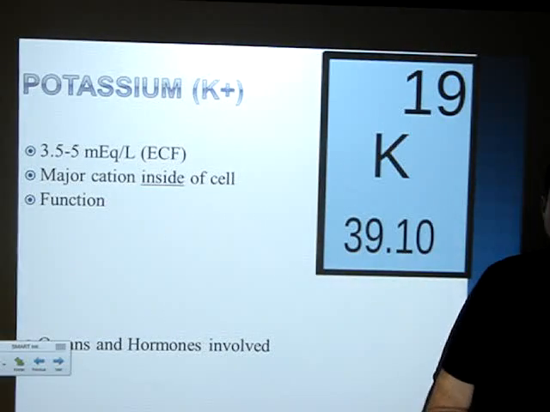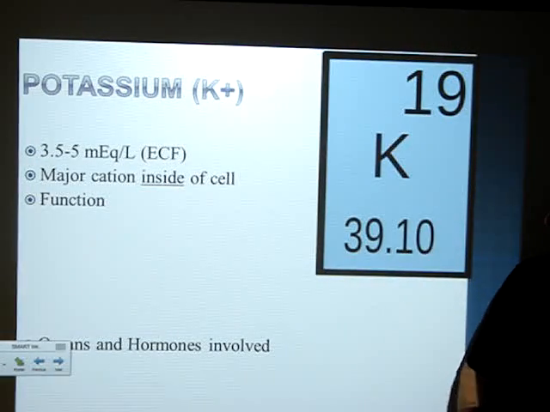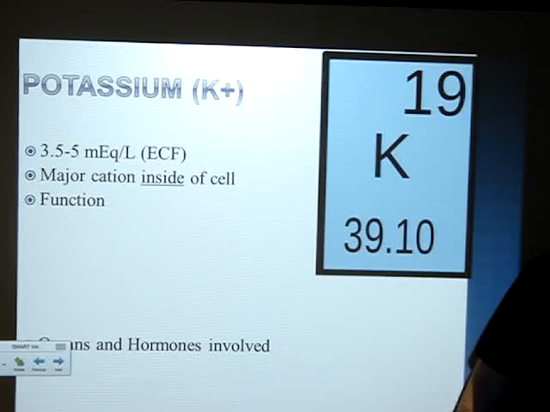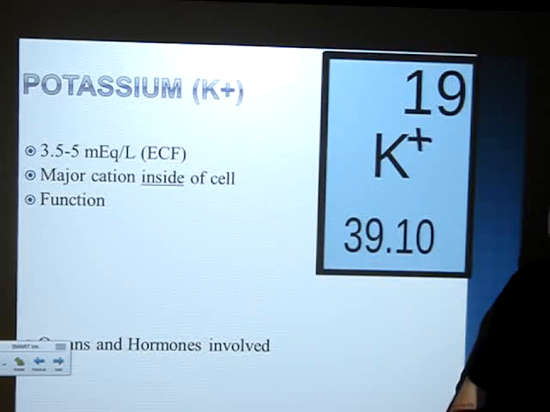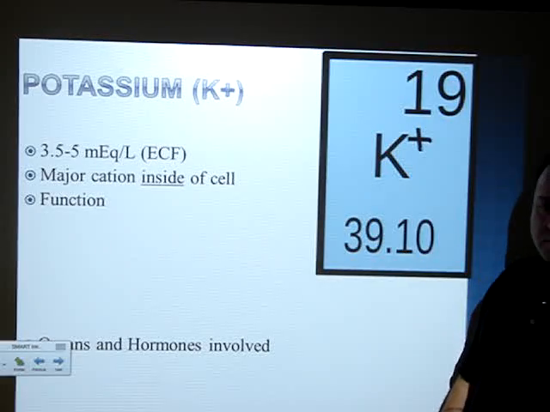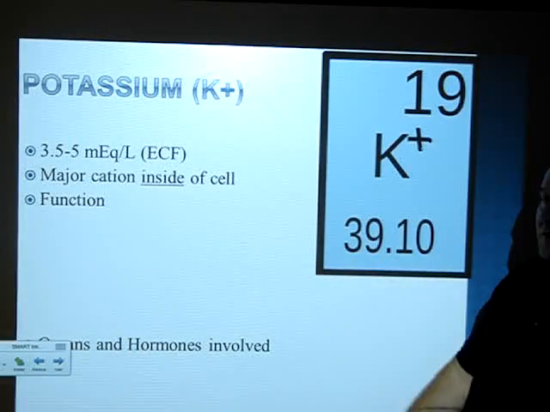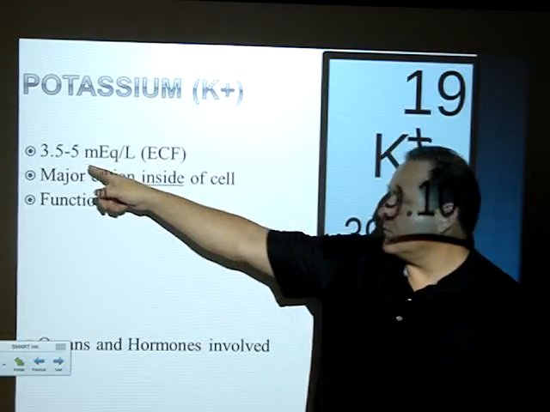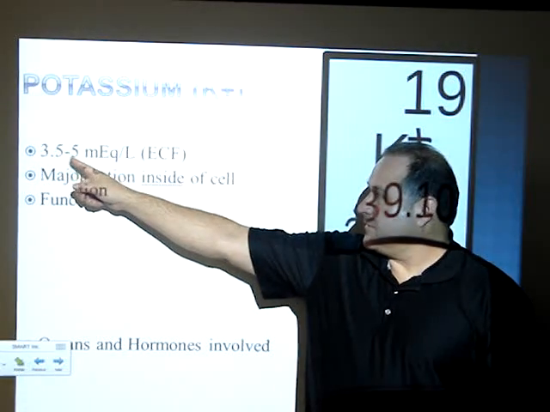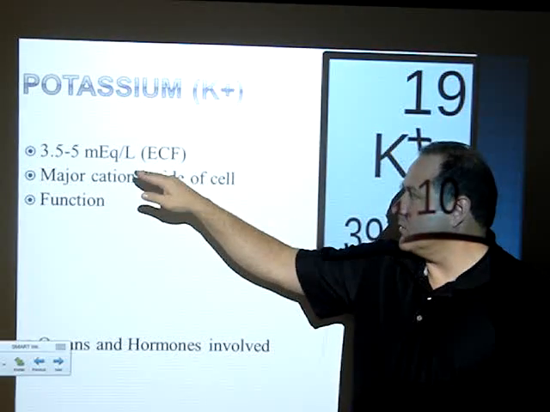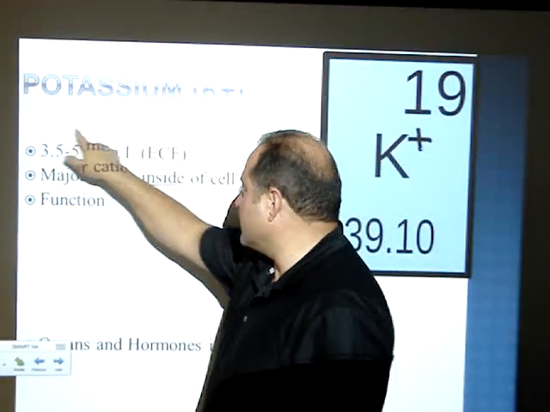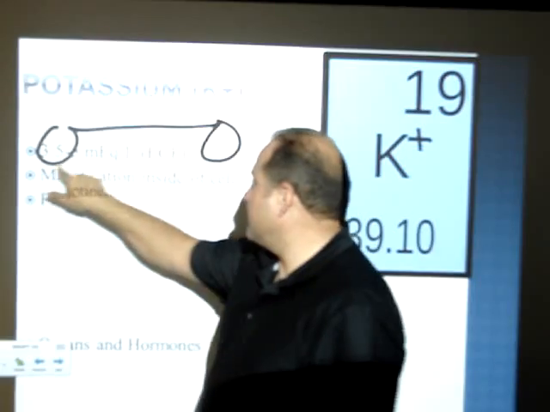All right, moving on to potassium. Okay, what do we know about potassium? Again, that's one of our little ions that has a positive charge. We know it's somewhere 3.5 to 5. I say somewhere around 4 is usually your typical amount you're going to find, again, inside your bloodstream.